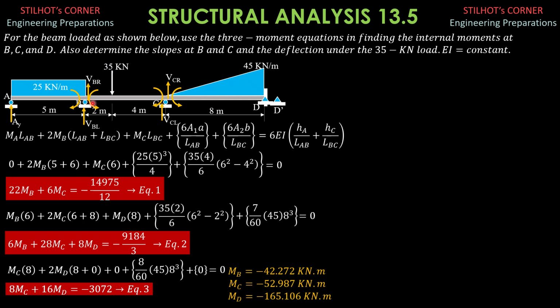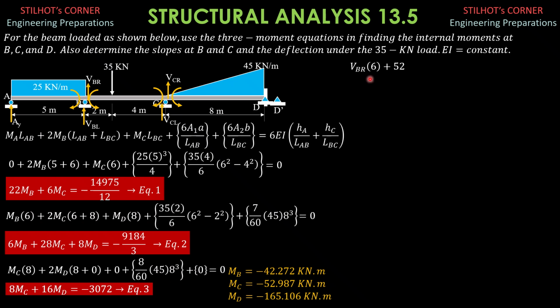So since we want to shorten the solution, I'll just use portion BC here. So I need to solve shear at B just to the right by considering BC and summing up moment about C. So shear BR times 6 plus this moment at C, which is 52.987, equals this moment at B, which is 42.272, plus 35 times 4.